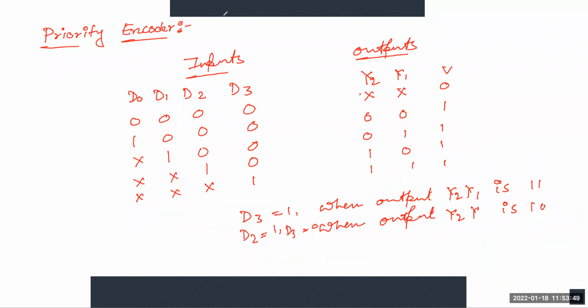One more thing: you can see there is a column, that is V. What is V? V is the valid output indicator. If all the inputs are 0, in that case V equals 0, and if the inputs are not all 0, in that case it is 1.